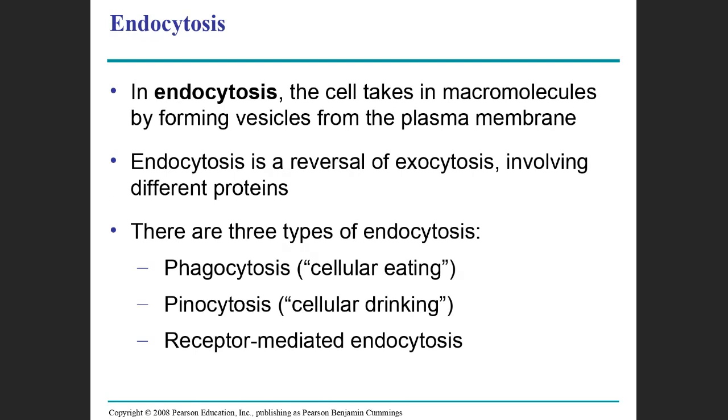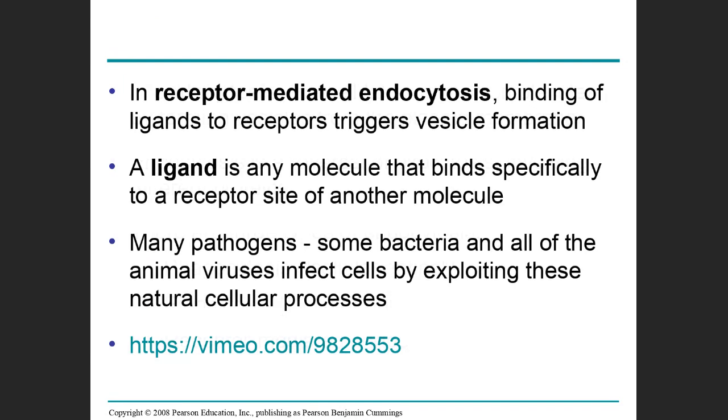And then receptor-mediated endocytosis. And so this is a very common way, where cells have receptors on the outside of the plasma membrane. And when a molecule called a ligand binds to that receptor, it causes the cell to engulf and to move in a large quantity of ligands, right? Those molecules that the cell wants to bring to the inside.